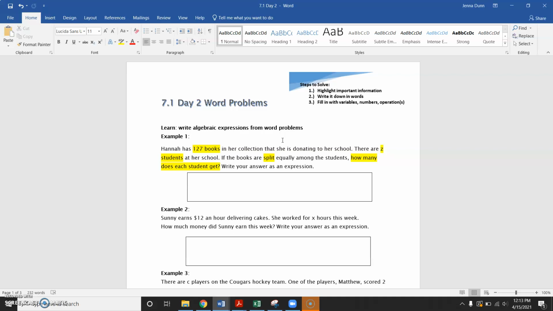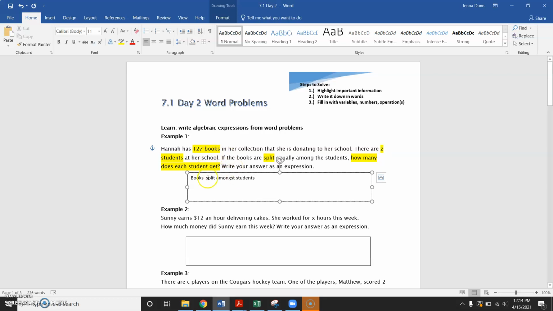So next we're going to take that and write it in words, and then we're going to fill it in. So we're going to summarize what was written here. There are books that are going to be split amongst students.